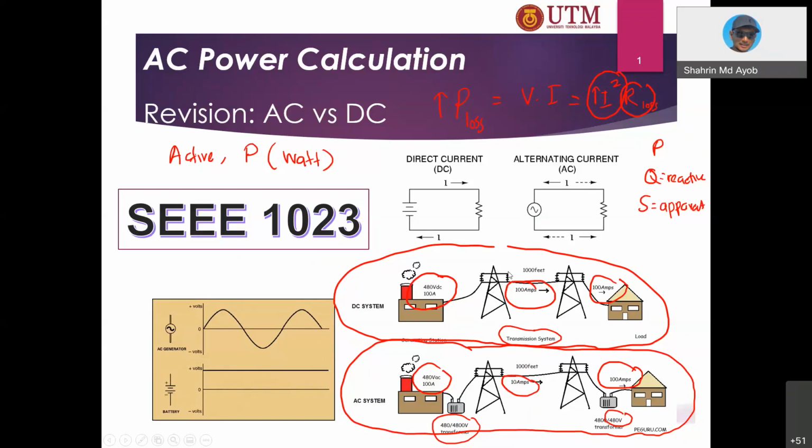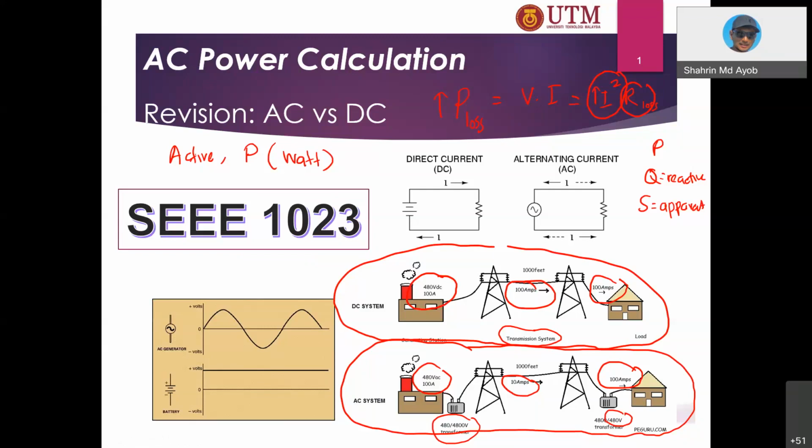If you want to transmit DC power, you need a solid cable, meaning a solid copper transmission line. Otherwise, if you use several copper cables laminated and grouped together, it will create a lot of losses, for example eddy current loss. So to transmit DC power, you need solid copper.